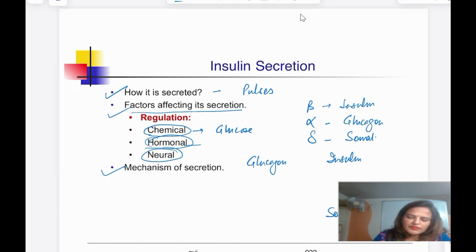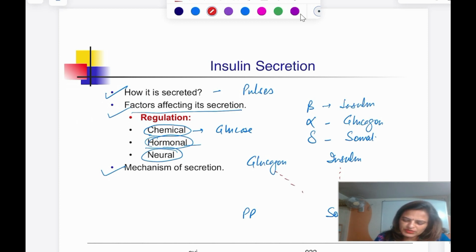Okay. Now somatostatin is going to inhibit all. Here you write even pancreatic PP also, pancreatic polypeptide. So somatostatin is going to inhibit all the three, right?